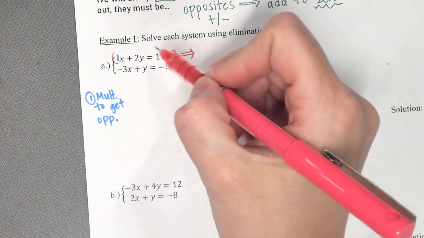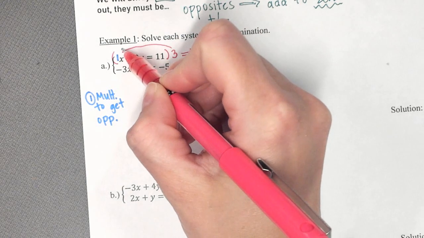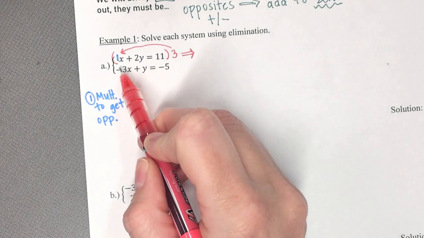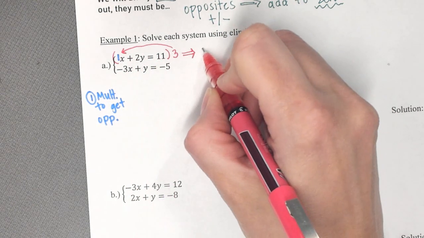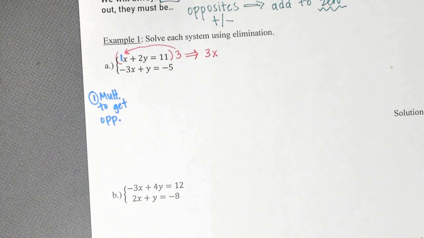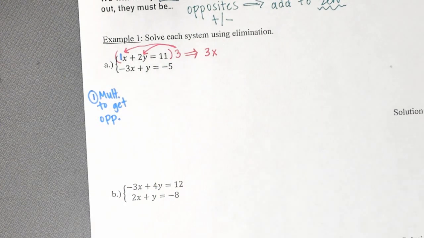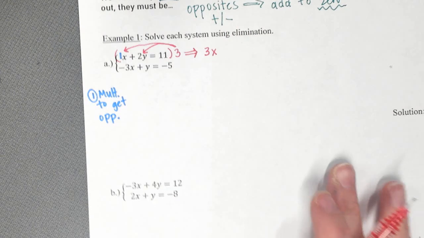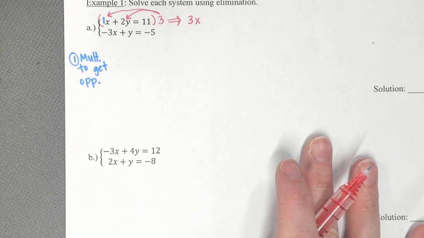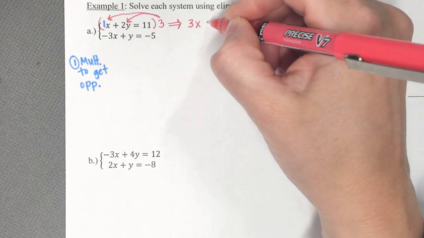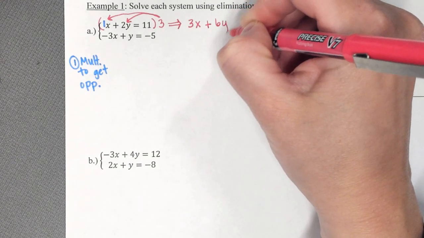Okay, so then when you distribute, first we're going to do 3 times 1x, which is 3x. Can you guys do the 3 times 2y? So what's 3 times 2? 6, yeah? So this is just going to be plus 6y.